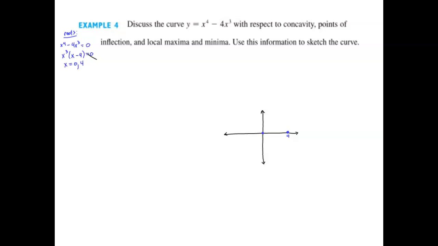Let's see. I can find the y-intercept too. And for that, I'll just plug in 0 for x, and we get y equals 0. So there's only one y-intercept. Great.